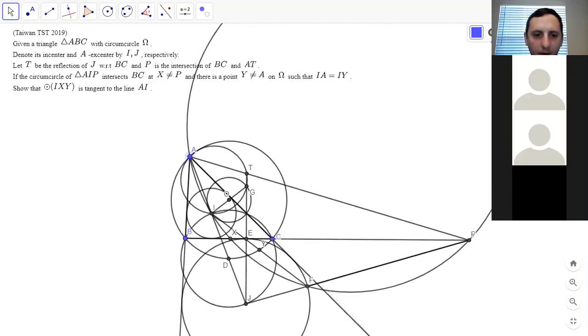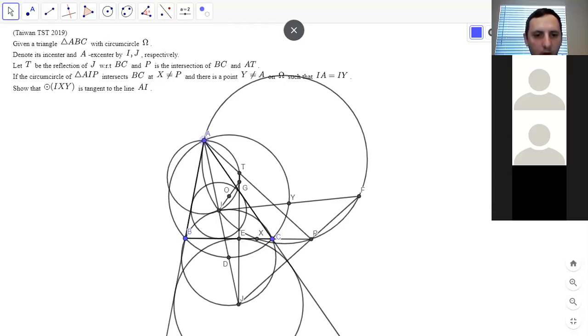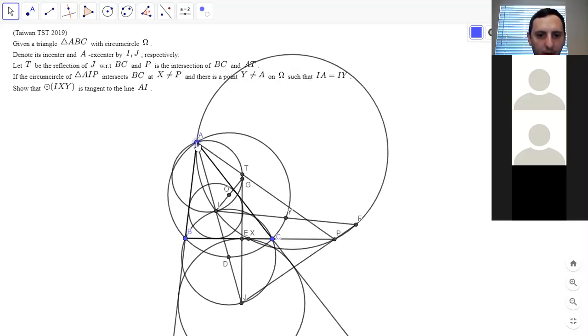Let's think about that. Oh, because it's obvious, right? Because D is the midpoint of IJ and this is parallel, so yeah. I don't think these concur. That's probably just the diagram, but yeah.